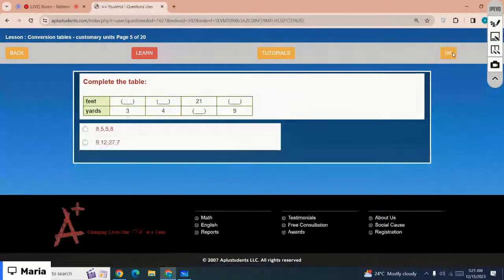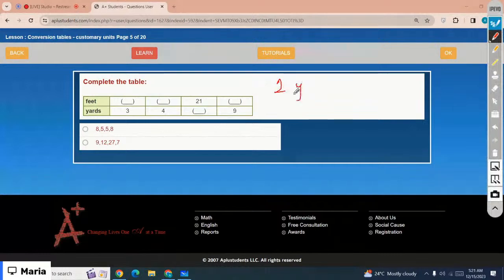Okay, complete the table. You have to convert from feet to yards. So 1 yard equals 3 feet. So here you have 3 yards, right?